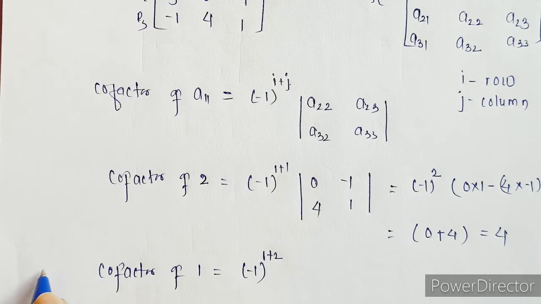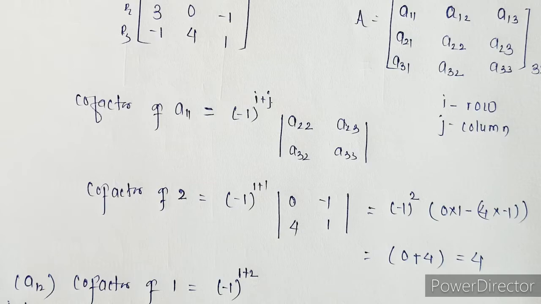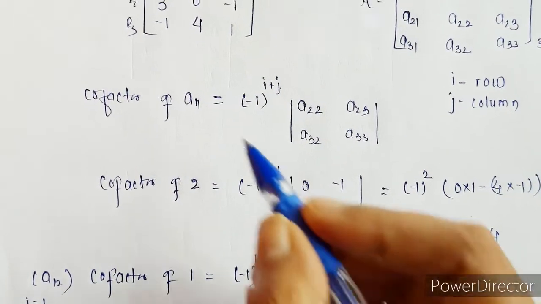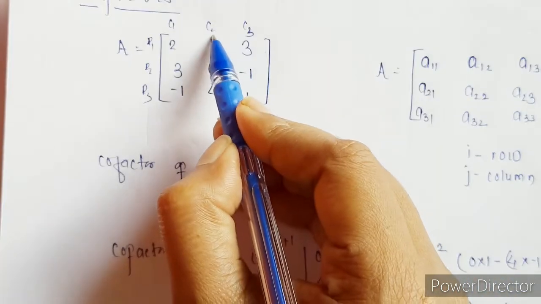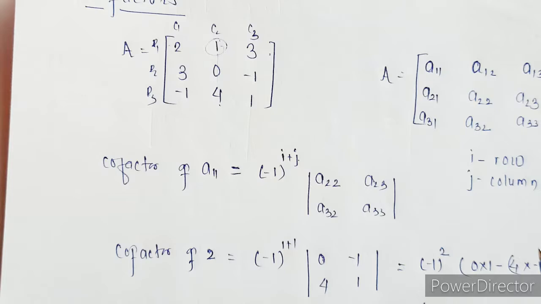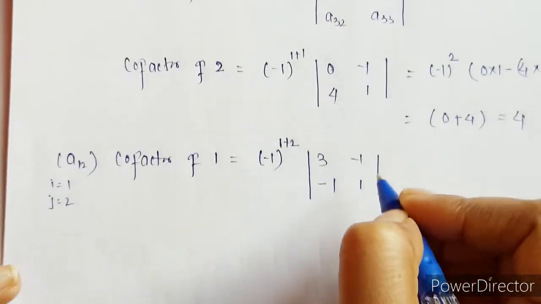Then forget about the same row, same column and take the remaining terms: 3, minus 1, minus 1, 1.